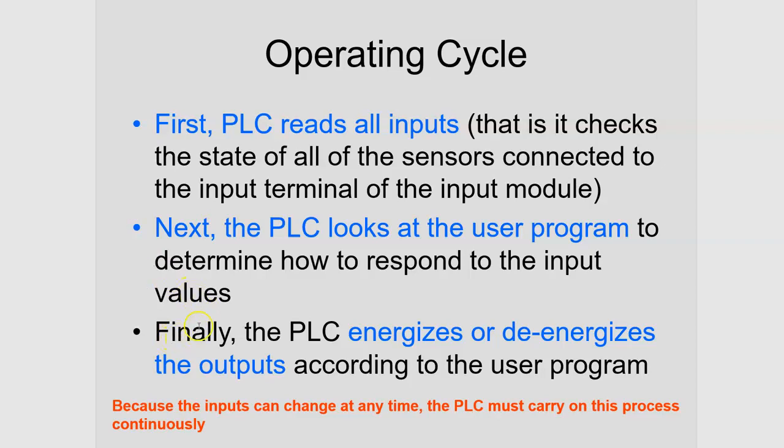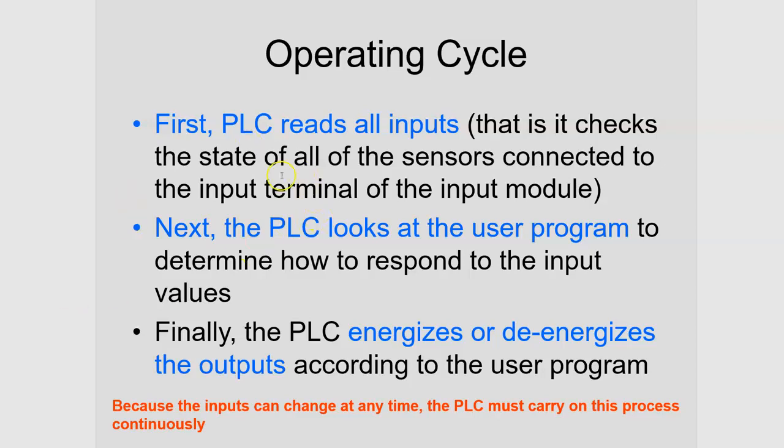And then after that, depending on if there's a 1 or a 0 in that bit position in the output image table, if there's a 0 there, then the output mapped to that bit position will be turned off if it's not already off. If there's a 1 there, the output device mapped to that particular bit position will be turned on if it's not already on.